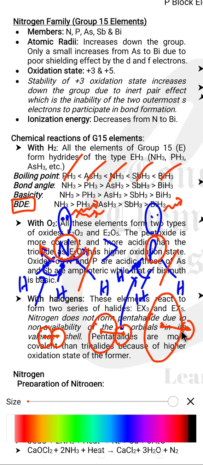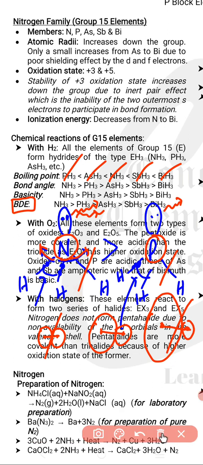Higher the bond length, weaker the bond will be. Therefore the energy required to break this bond will be lesser than the energy required to break this bond, in case of NH3, right? So decrease in bond dissociation energy from NH3 to BiH3 is because of increase in atomic size. These are some important properties of hydrides of group 15 elements, right?